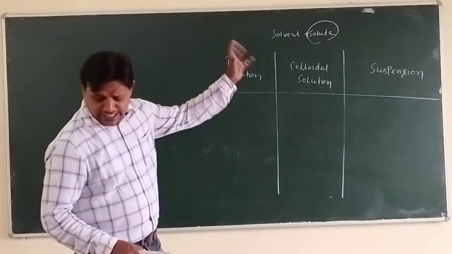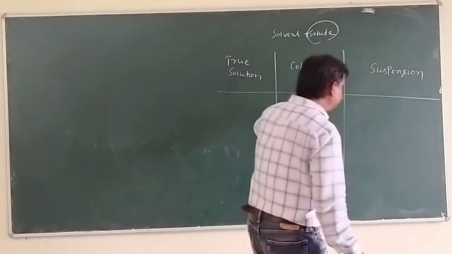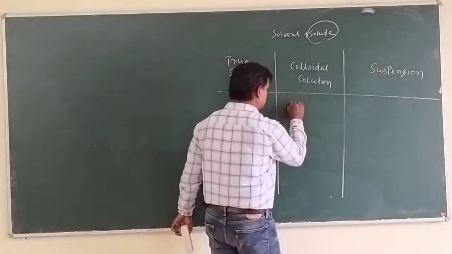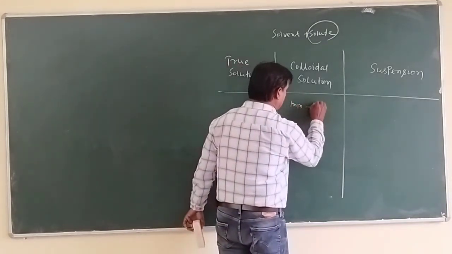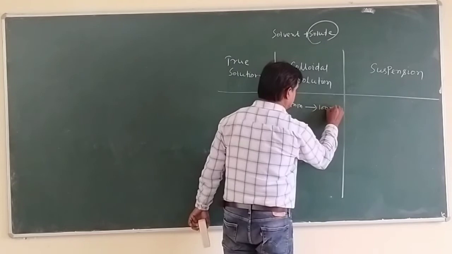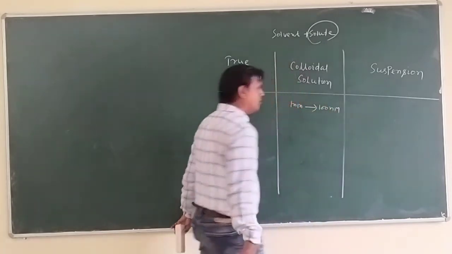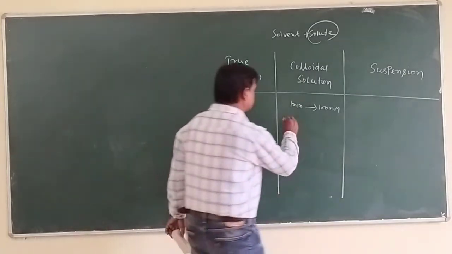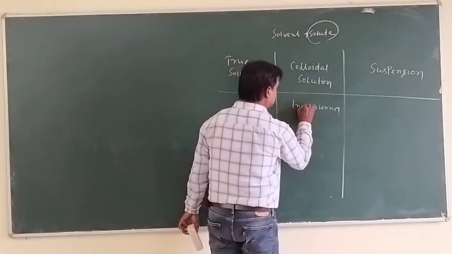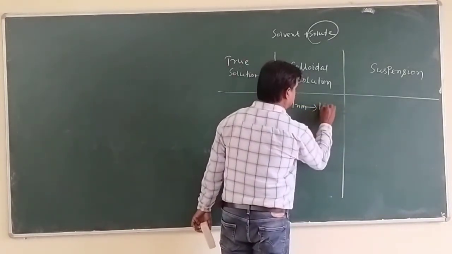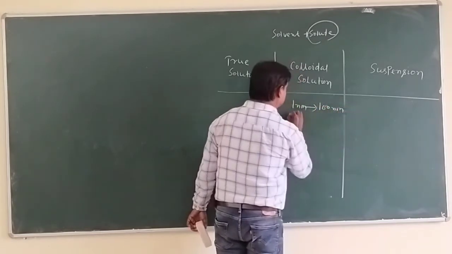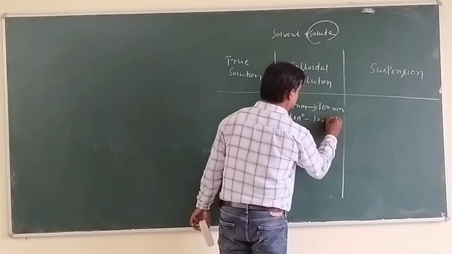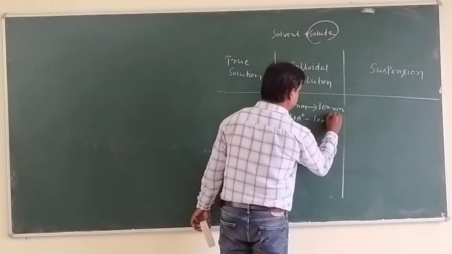First, in colloidal solution, the size of the solute particle varies from 1 nanometer to 100 nanometer, or 10 angstrom to 1000 angstrom.